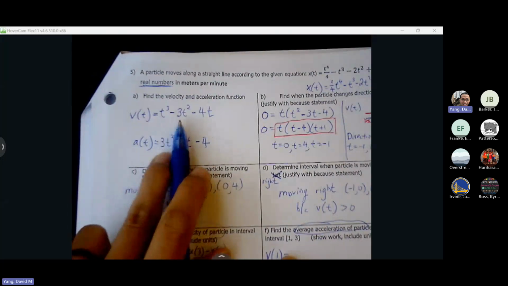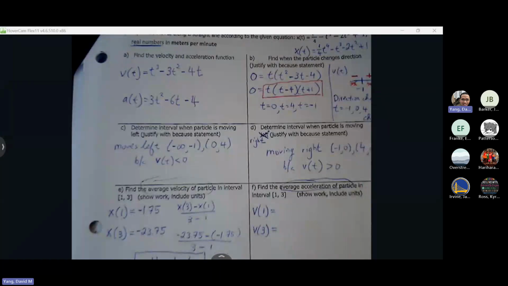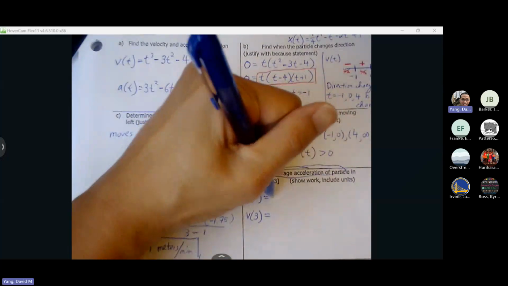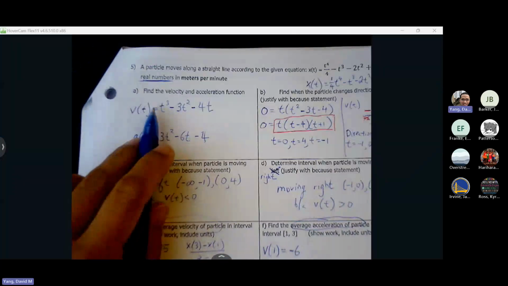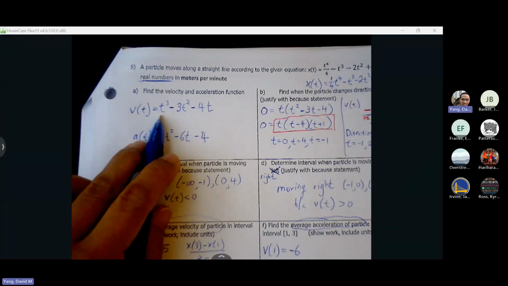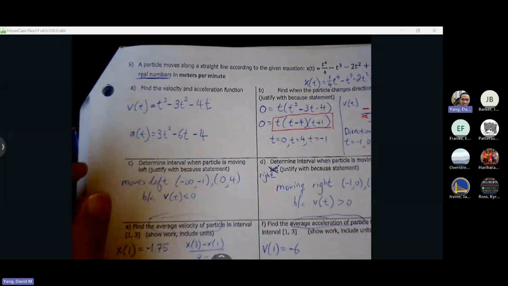So plug 1 into velocity. Get 1 minus 3 minus 4, which is -6. Plug 3 in for t for velocity: 27 minus 27 is 0, and 0 minus 12 is -12.